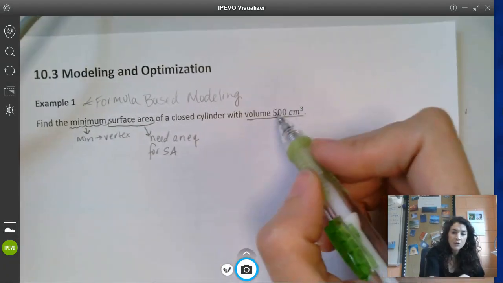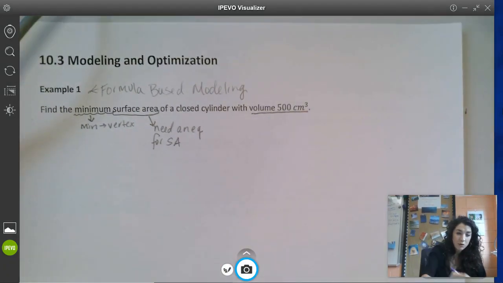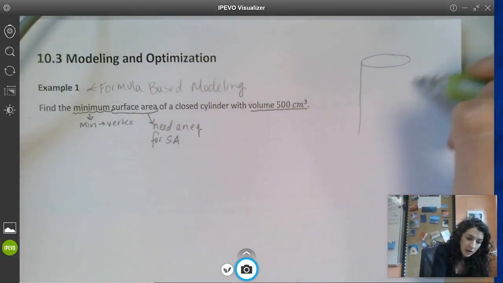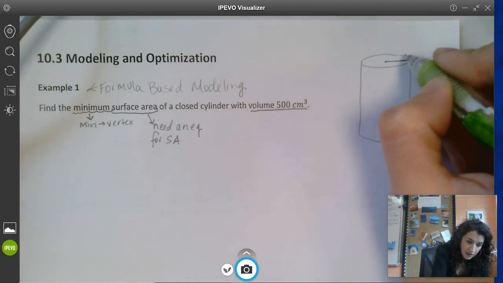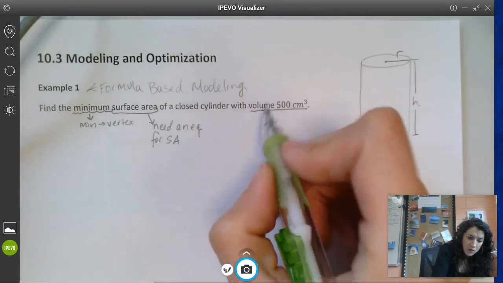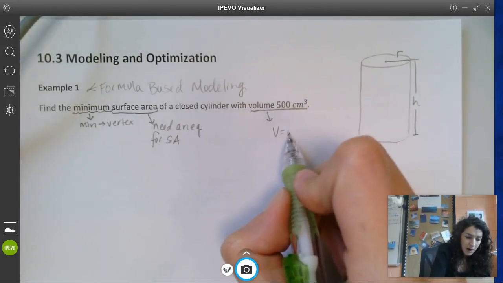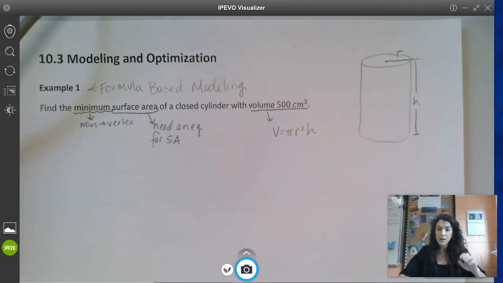Okay, well, I know I have an equation for the volume of a cylinder. If you don't remember what that is, it is in your formula packet. I'm also going to draw a picture to encapsulate all of the things that I know. I know that it's going to have a radius, and I know it's going to have a height. And I know that in order to find the volume of a cylinder, it is pi r squared times the height.